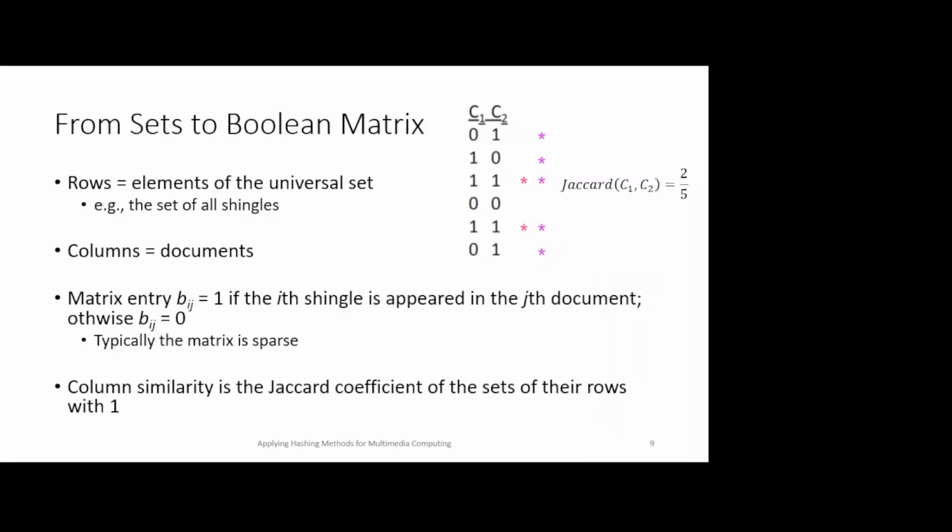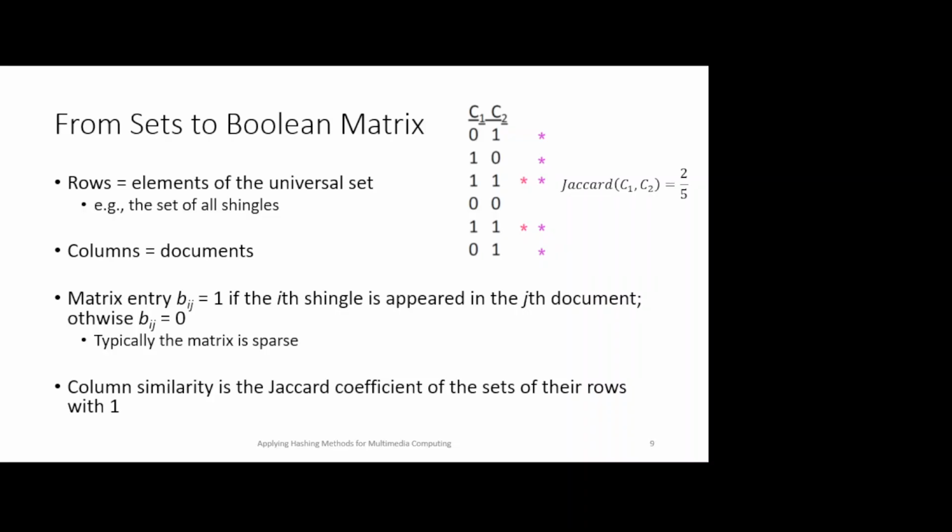And how do we calculate the union? You check the 0,1 or 1,0 pattern, and also the 1,1 pattern. You can count the first row, the second row, the third row, the fifth row, and the sixth row. In total, there are 5 rows, so the union is 5.